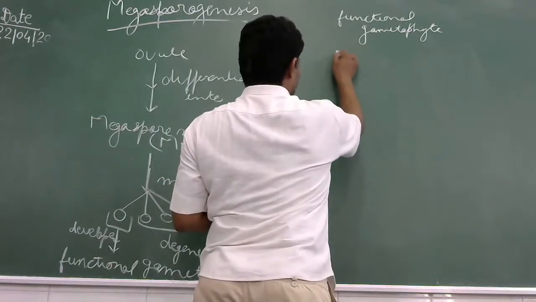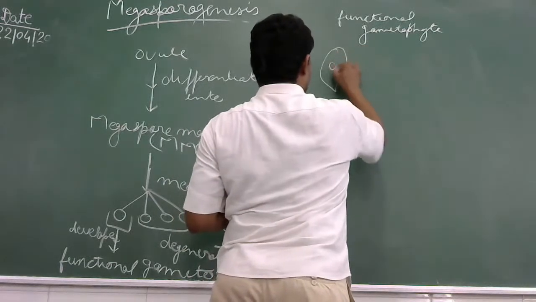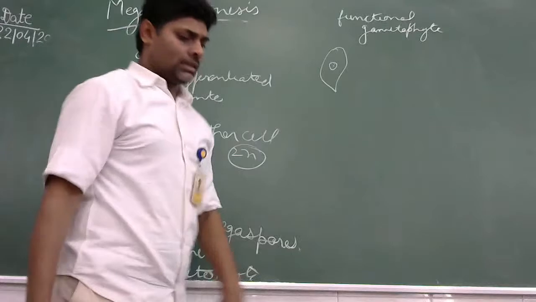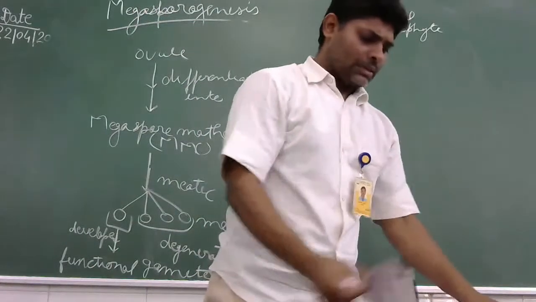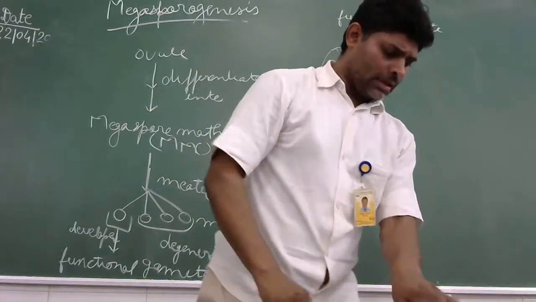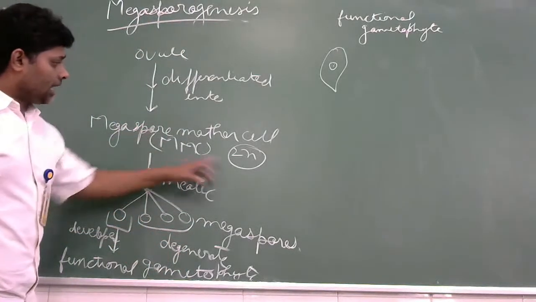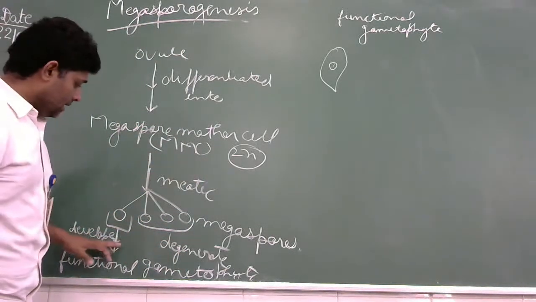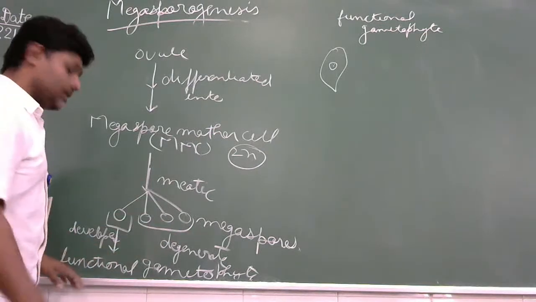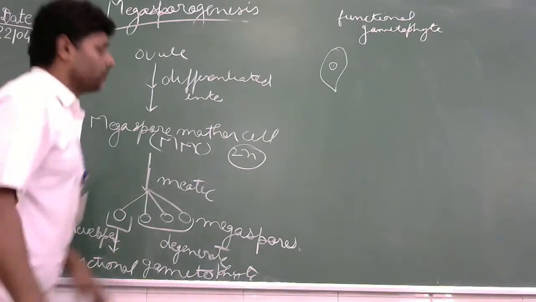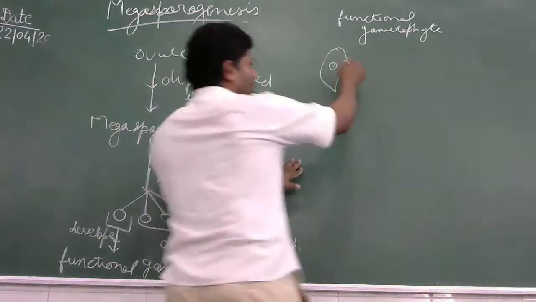It looks just like this. Then what happens? As I am showing here, the megaspore mother cell has 2n number of chromosomes, and here the megaspore, or embryo sac, has n number of chromosomes.